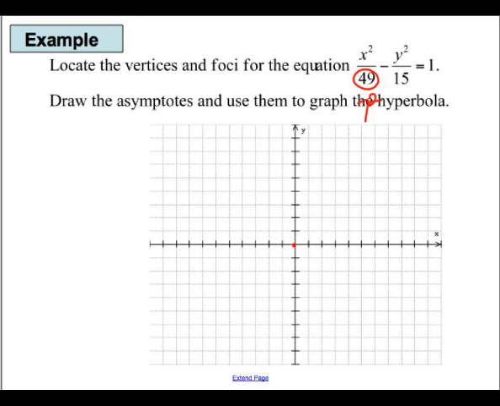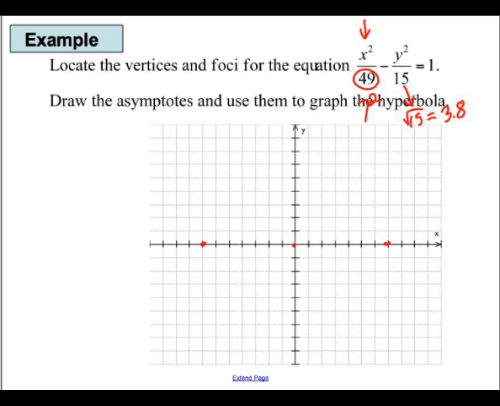So that means from the center, I'm going to go 7 to the right and 7 to the left to find the vertices. And these are the vertices because x came first. Y is 15, but of course that means it's the square root of 15, which is about 3.8. So 3.8 up and down.